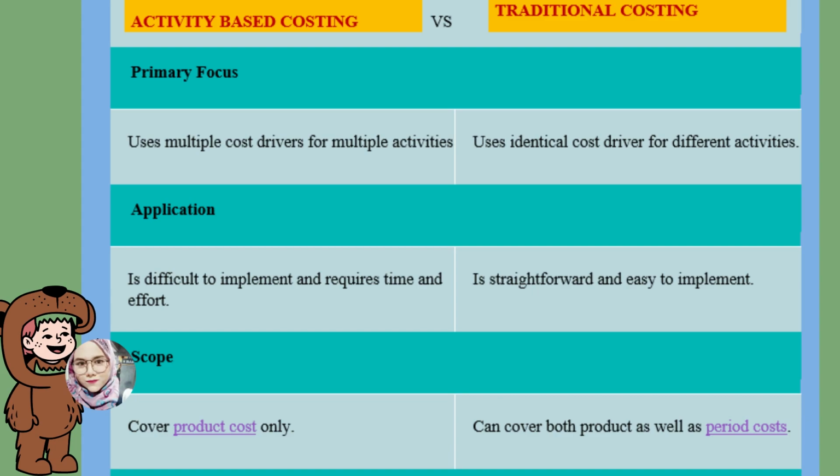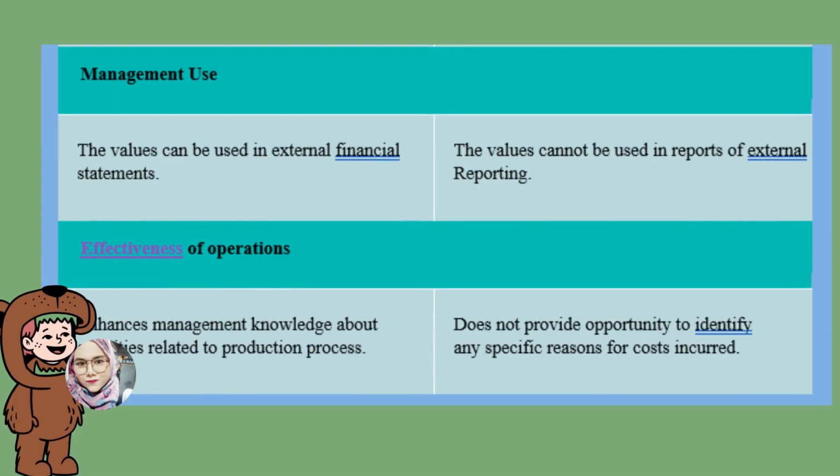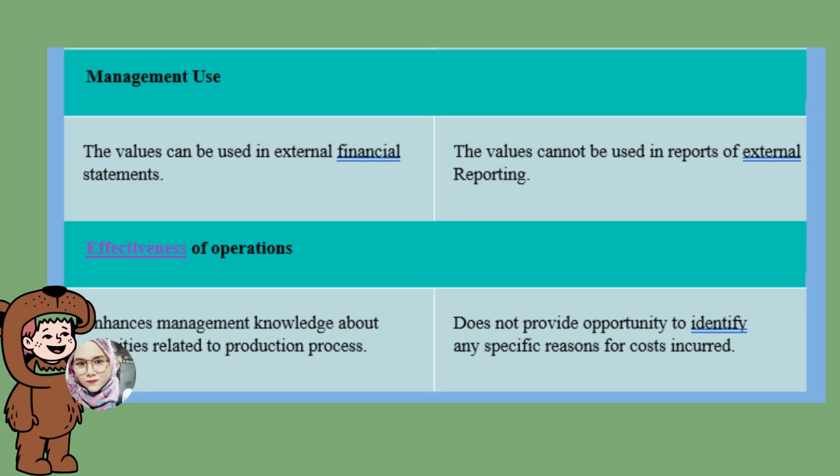Traditional costing can cover both product as well as period costs. Fourth, for activity-based costing, the value can be used in external financial statements for management use. Traditional costing values cannot be used in external reporting.